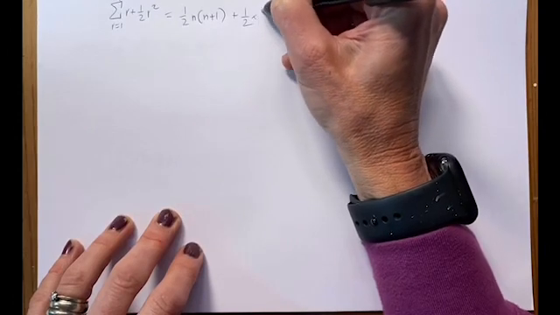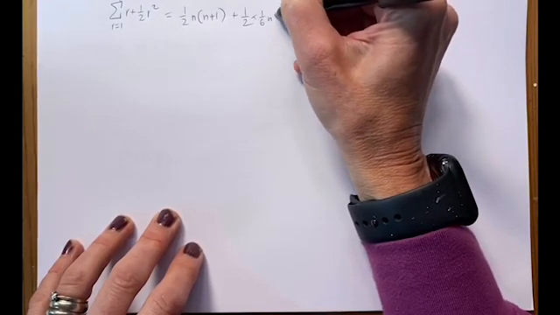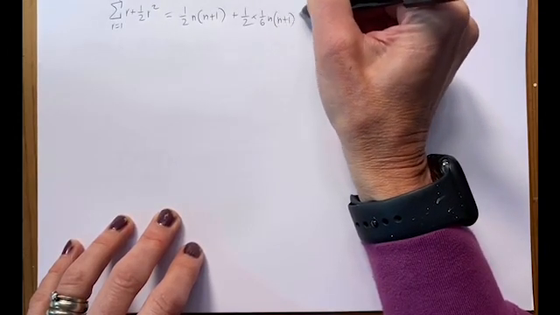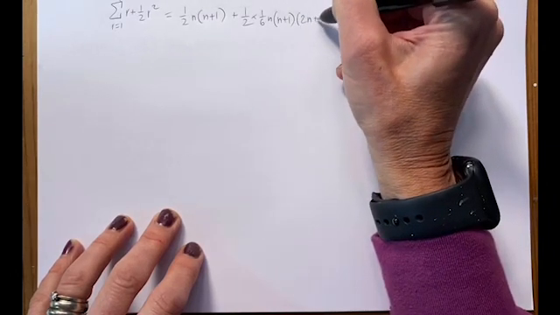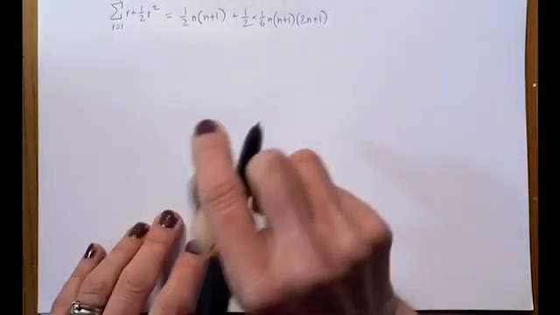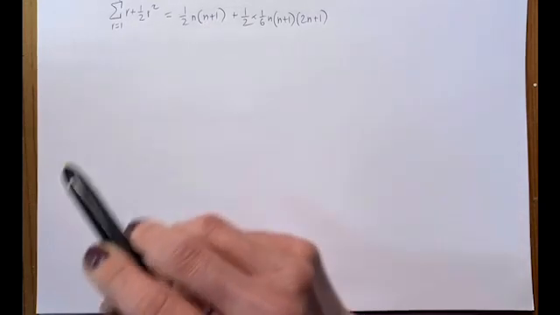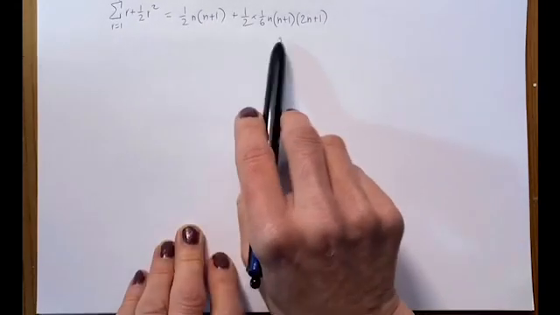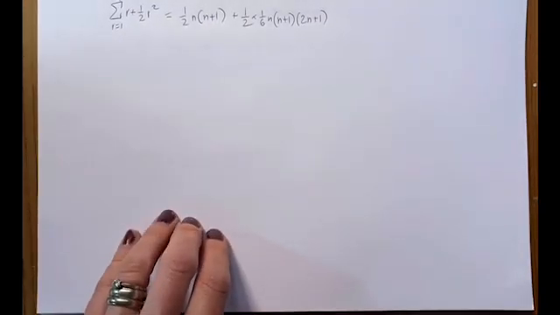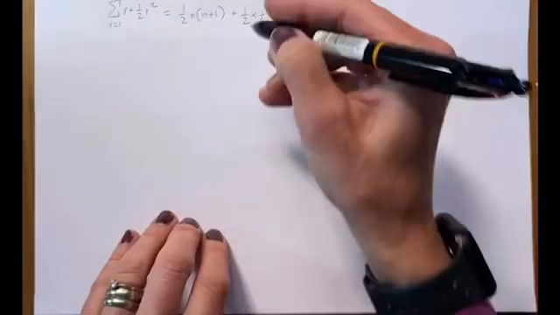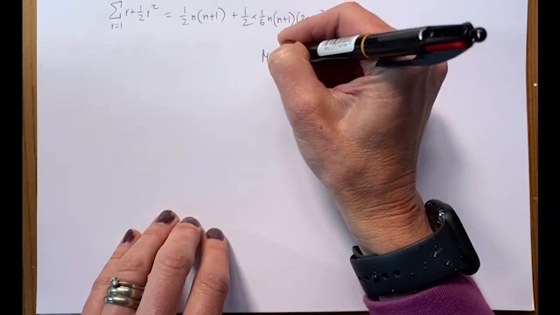These are in the formula booklet: 1/6 n(n plus 1)(2n plus 1). The sum of the first n natural numbers is not in the formula booklet, but the sum of the squares and the cubes is. Now this time we're going to use what's called the method of differences.